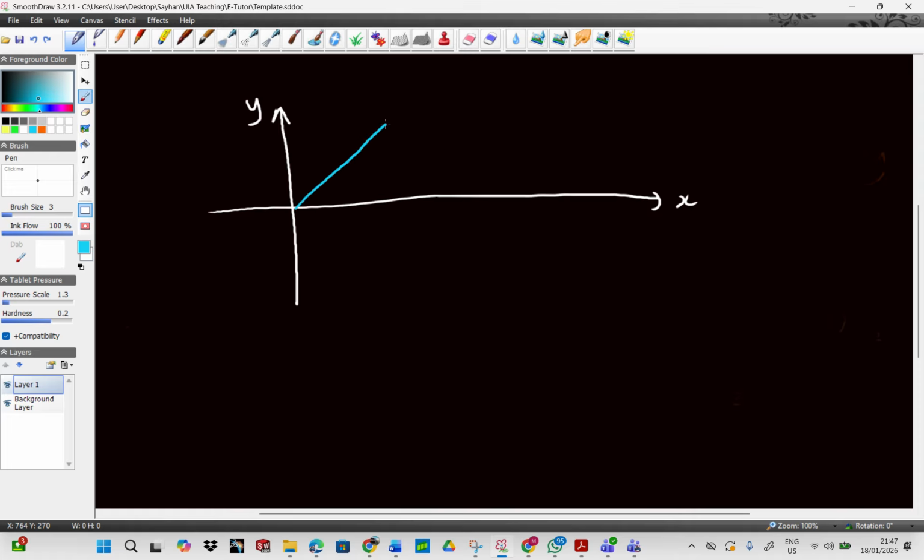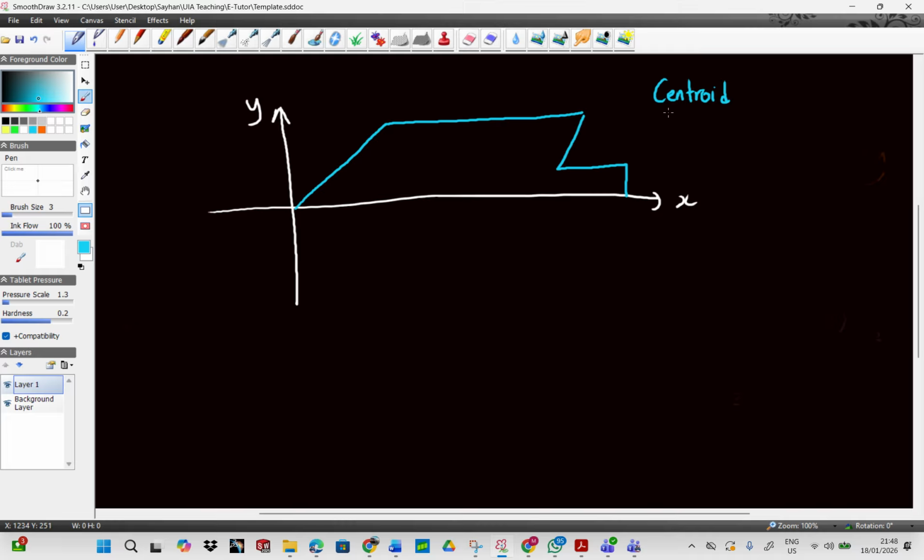Let's say a parallelogram, and maybe I add this into it. Something like this. This shape, for example, and they want you to find the centroid.